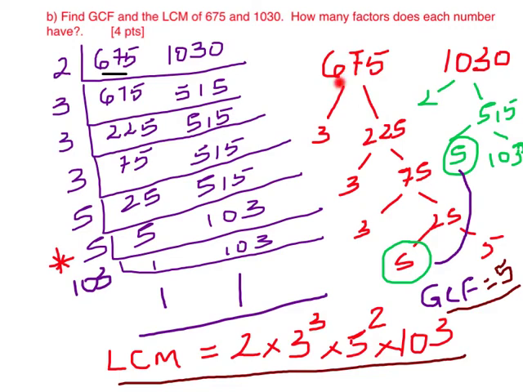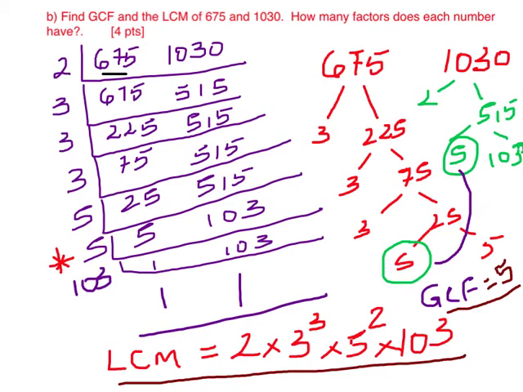And so I'm looking for the factors of 675. Because 2 cannot go, I go to the next one, which is 3, and 3 times 225 is 675, and then we have 3 times 75, and then 3 times 25, and then 5 times 5. So that's it.